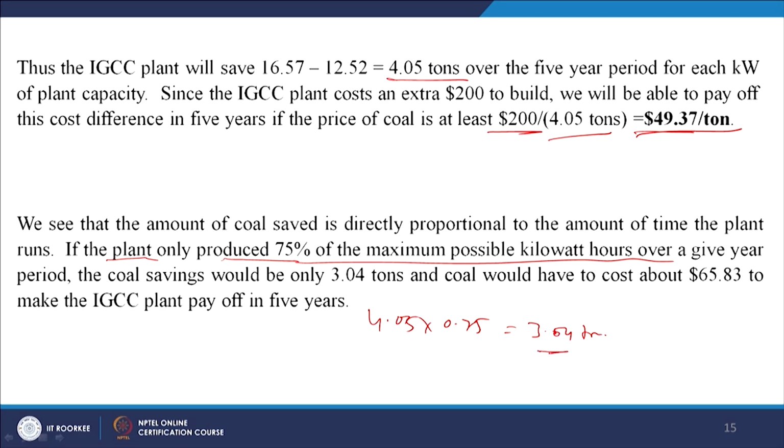In this case, the $200 has to be recovered from this. So, 200 divided by 3.04. So, the price of the coal will be $65.83.